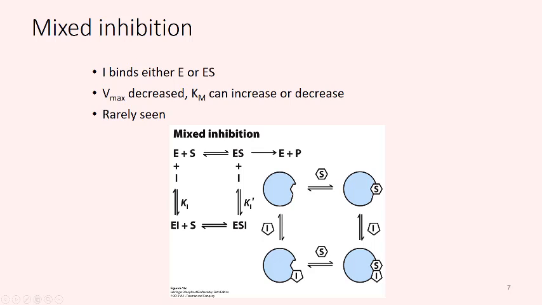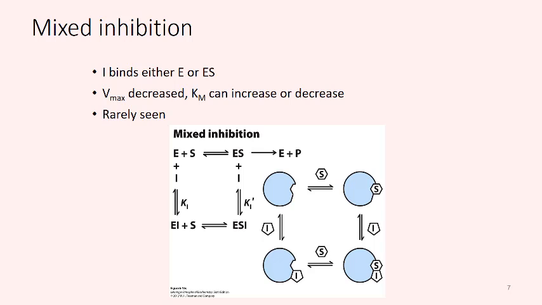So it can bind to the enzyme before or after the substrate. But either way, when the inhibitor binds, it's going to alter the enzyme in some way, shape, or form. So it's going to lower the Vmax of the reaction, making the enzyme less efficient.